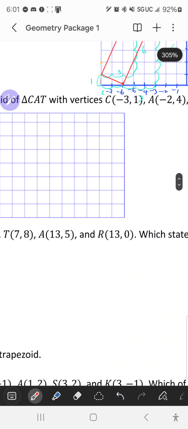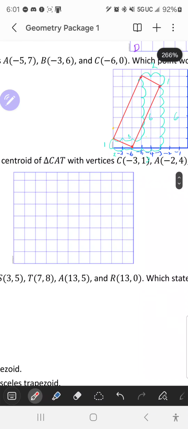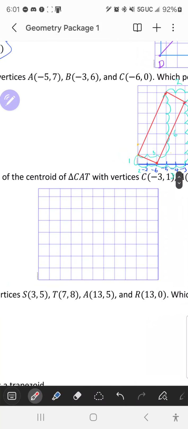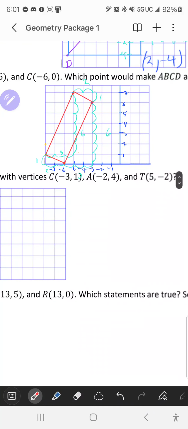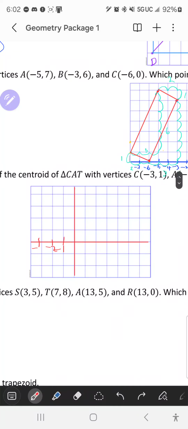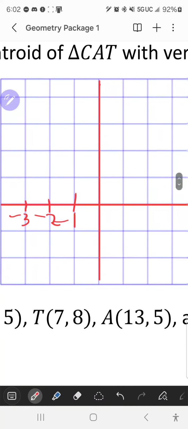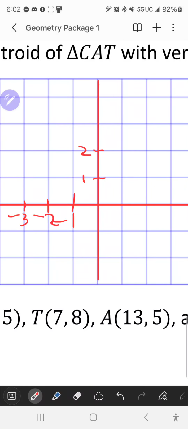So I have my picture here, and I'm just going to draw the axes. So here I should be good. So -1, -2, -3. Oops. -3. 1, 2, 3, 4.